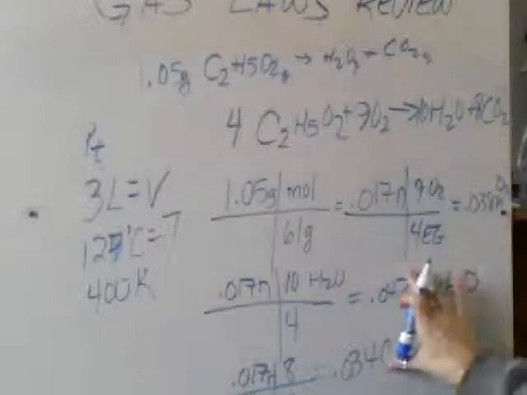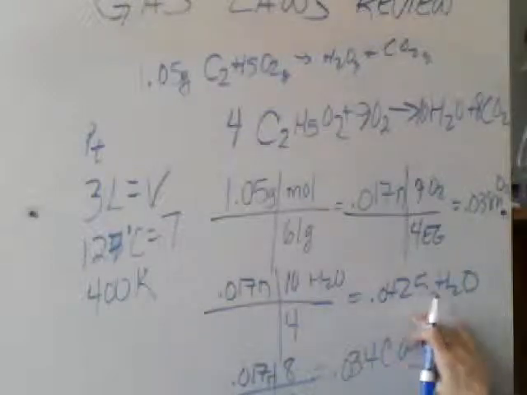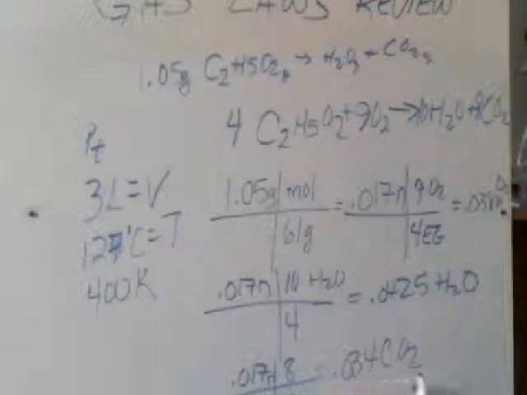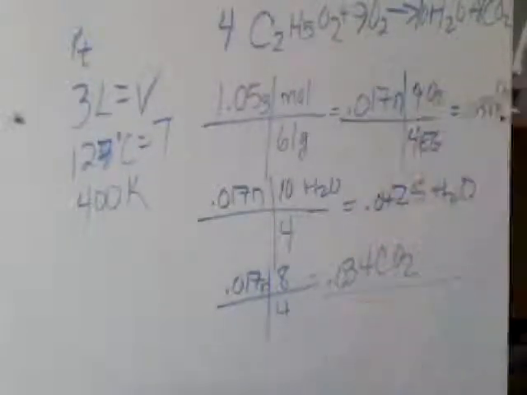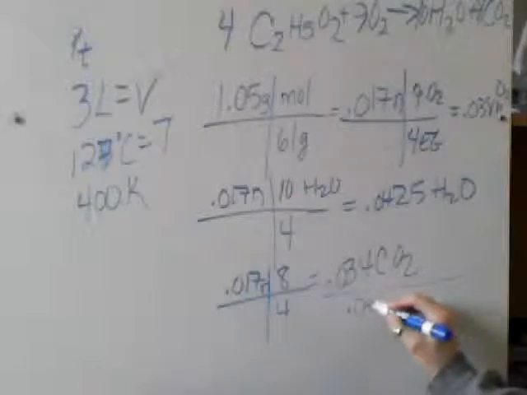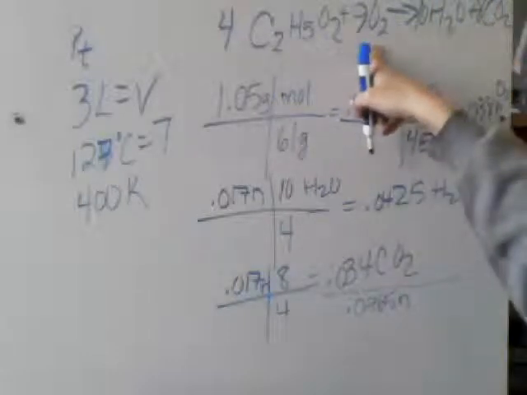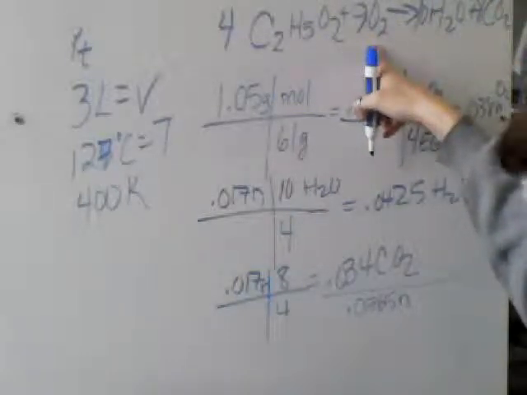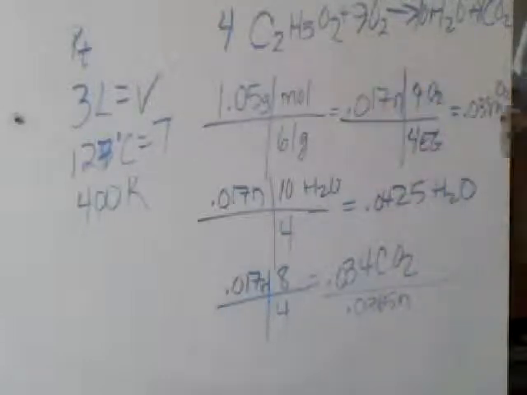So the number of moles was 0.0425 and 0.034 of carbon dioxide. So the total number of moles of product, if we add those together, is 0.0765 moles that were produced by our complete combustion of ethylene glycol. So that would be the moles that we use.